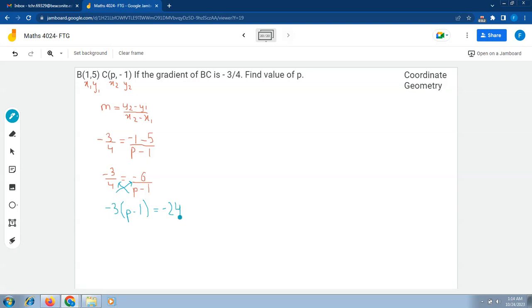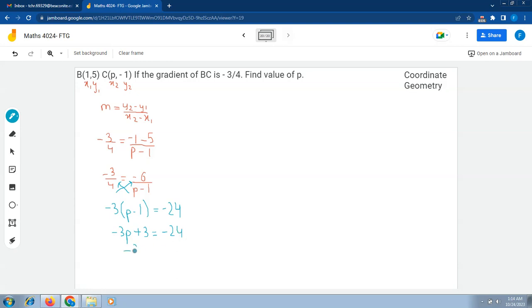Now I have to remove this bracket, so I have to multiply minus 3 with p, so this will become minus 3p, and minus 3 multiplied by minus 1 will give me positive 3, and on the other side it is minus 24. Since I have to find the value of p, I have to shift this plus 3 on the other side.